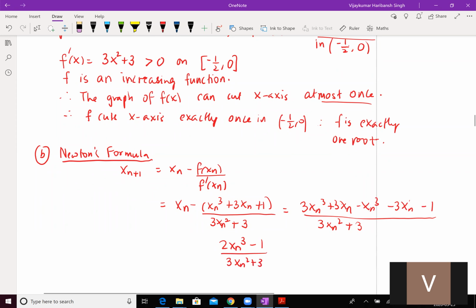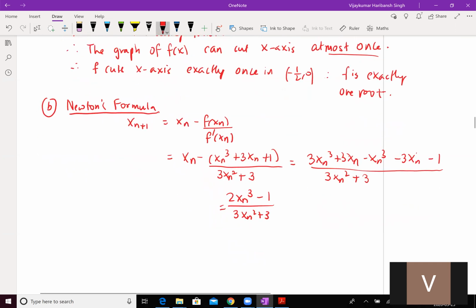Note that you don't really need to do this for our course purpose, but in a real life scenario, you want to minimize the number of errors in your computation. It's a good idea to reduce the number of places where you have to substitute your xn. All right, let's move ahead.